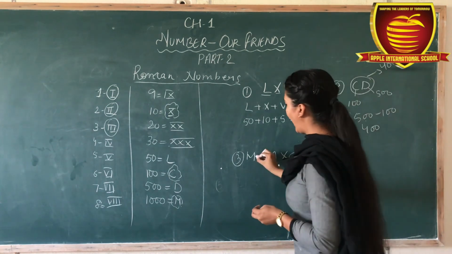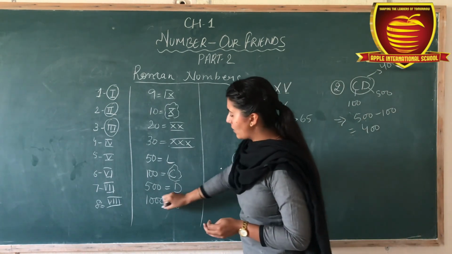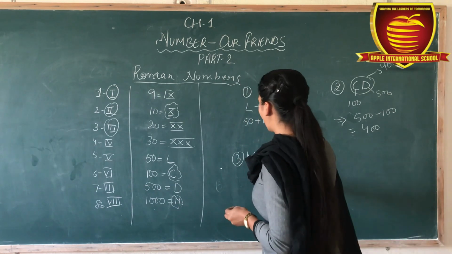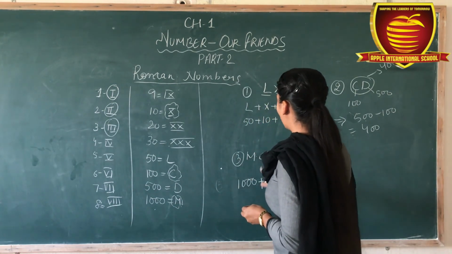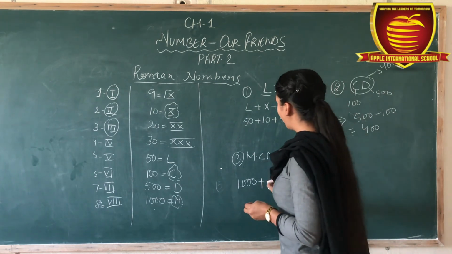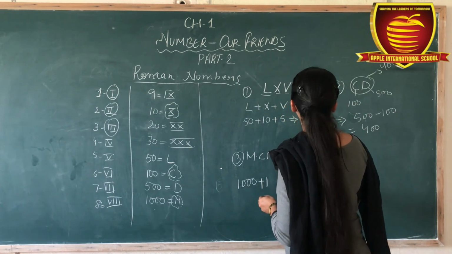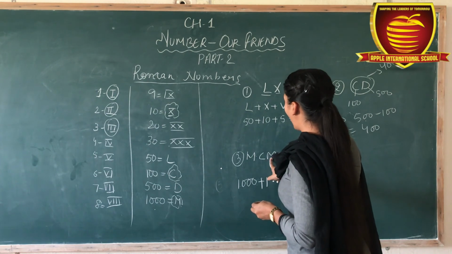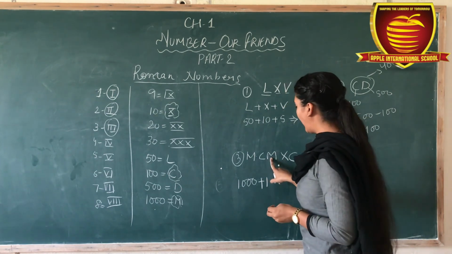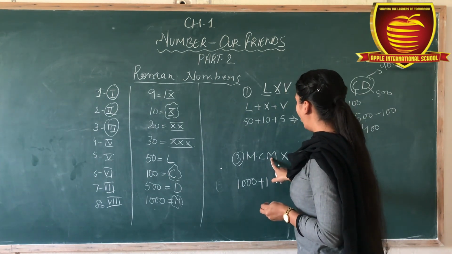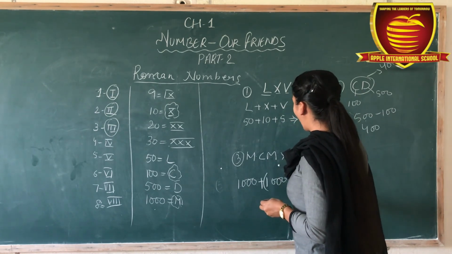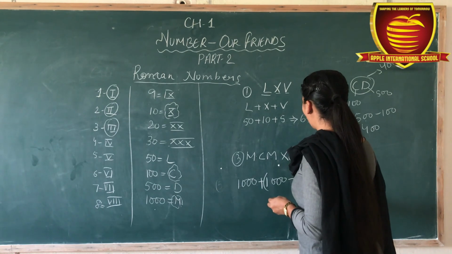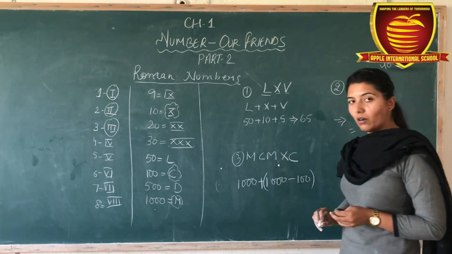Okay. Now M belongs to 1000, so it is greater. Plus C is the smaller one, but M is greater. Okay. So here we have to do 1000 minus 100.